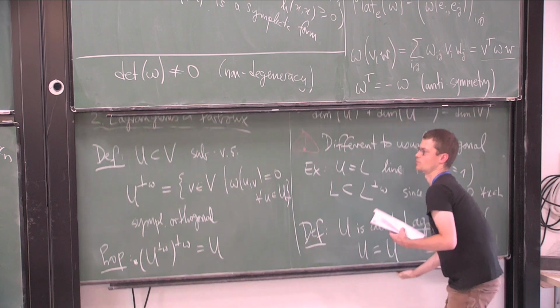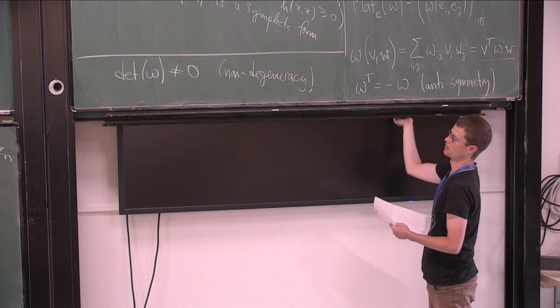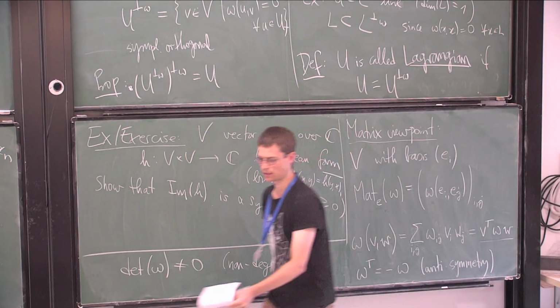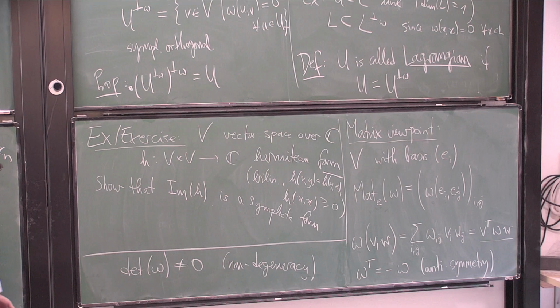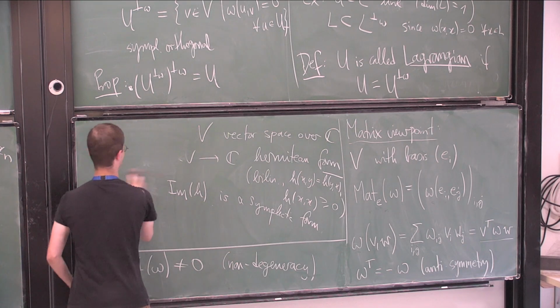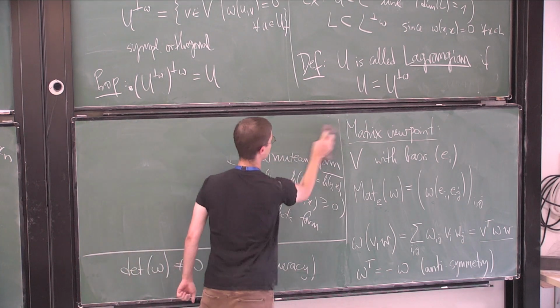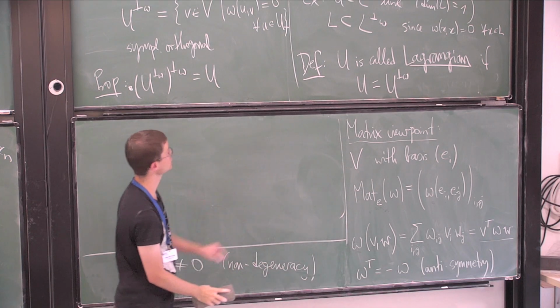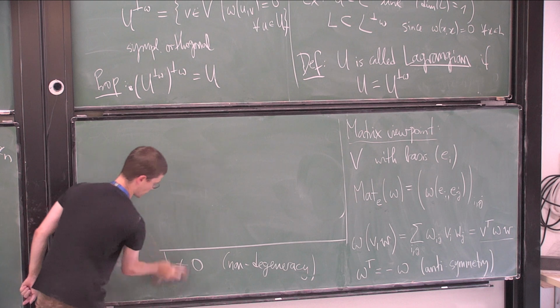This might seem really strange. I mean, you have an object which is its own orthogonal. What does it mean? What does it imply in particular? The first thing we can say is that the dimension of a Lagrangian is always half the dimension of the total space.